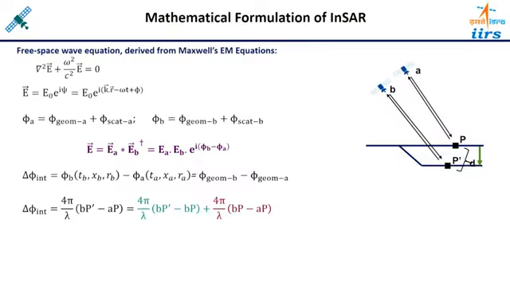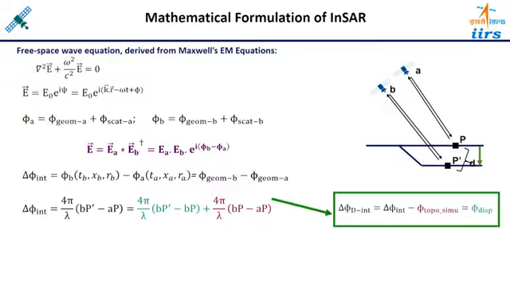So one can be calculated very easily, and which is nothing but the deformation phase. And from deformation phase, deformation can be calculated, like deformation phase equal to 2 pi upon lambda into deformation. So here you can see from this expression we can also write like this: delta phi int minus this topographic phase, means delta phi int minus topographic phase equal to what will be left? This one. This is displacement phase, that is called phi displacement. So if we subtract the topographic phase from interferometric phase, then this difference is called the differential SAR, or you can say differential InSAR, because this is interferometric SAR.